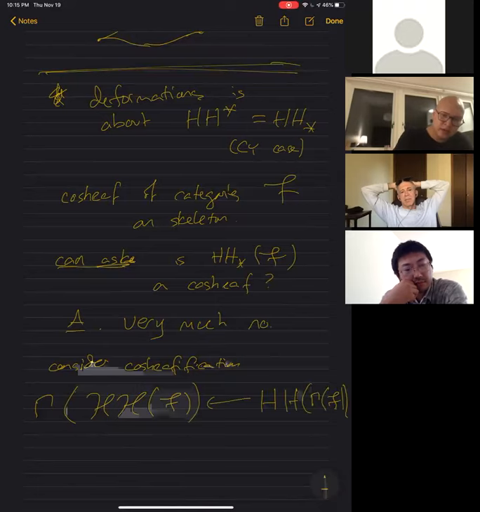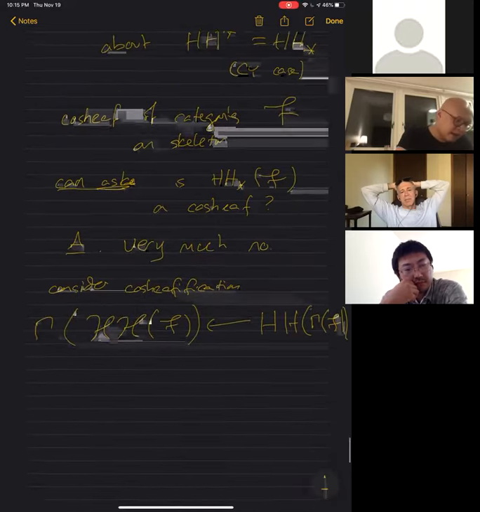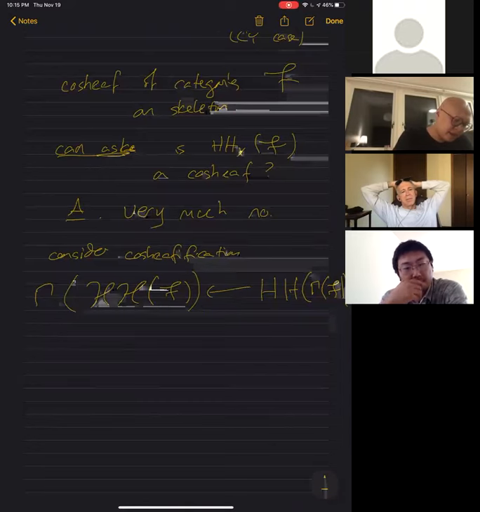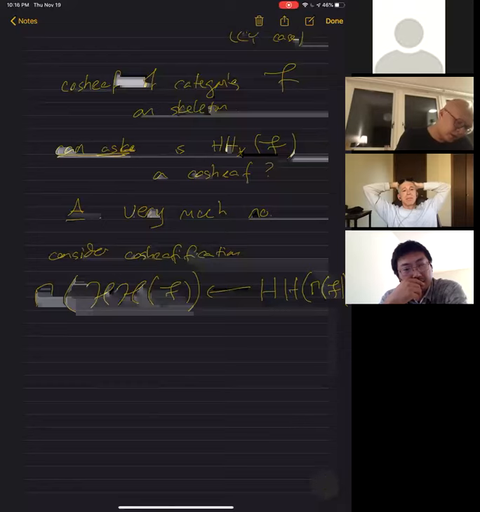Okay. And for example, did I get the direction right? For sheaves there's usually a map from the pre-sheaf to the sheaf, but for co-sheaf it's the other way.